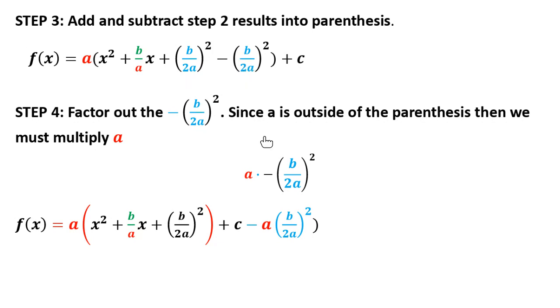Once I've done this, I only want to borrow the positive one. I want to borrow the one that made this part a perfect square. So I would take it out of the parentheses, and if I take it out of the parentheses, I need to give back the a that I had factored out originally. So this is again the example. I'm going to multiply a times that negative b over 2a squared.